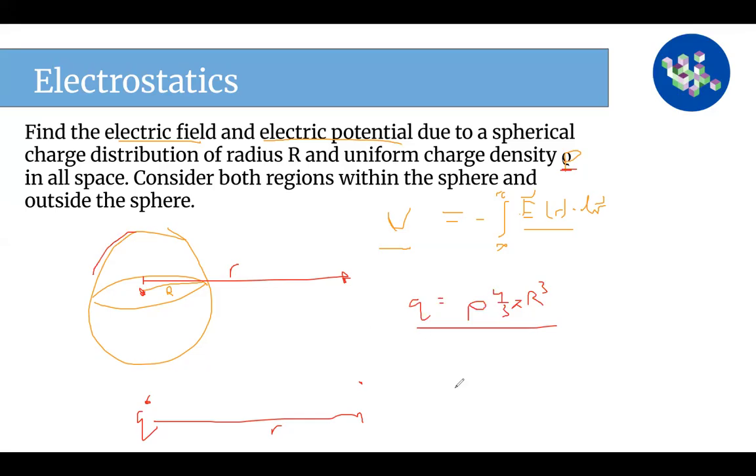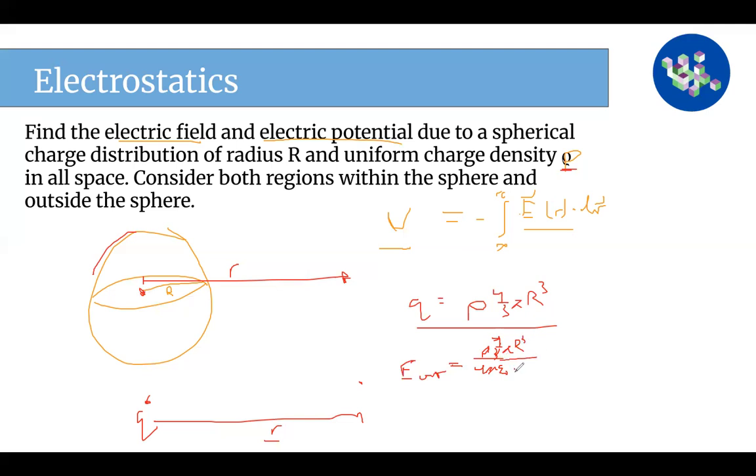If we have a point charge, it's pretty easy to find the electric field due to it at a distance r away. So E outside of the sphere, E out, equals 1 over 4 pi epsilon 0, which is basically our k, times our q, which is rho times 4/3 pi R cubed, divided by the distance to the charge squared.